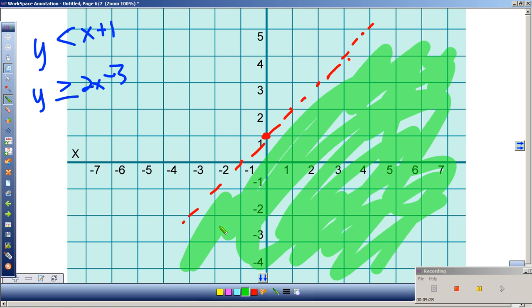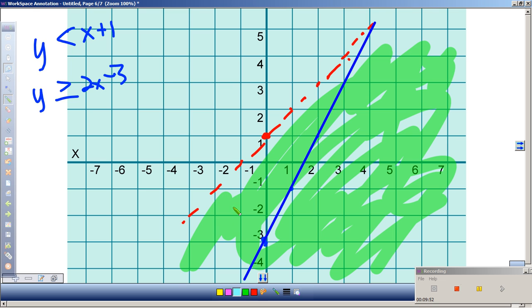Second one. Down 3. Okay, starting down 3, and then 1, 2 over 1. Okay, we have a solid line. Above or below this one? Above.